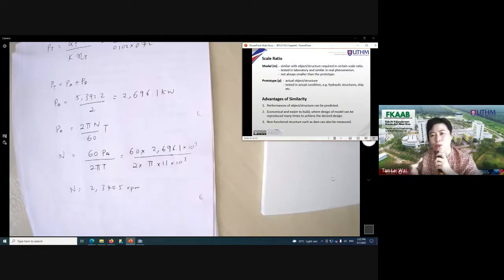You can build a smaller size. In the subsequent slides, we are going to look at how we analyze the model with respect to the prototype that it should be.